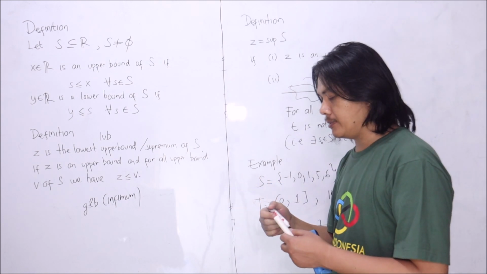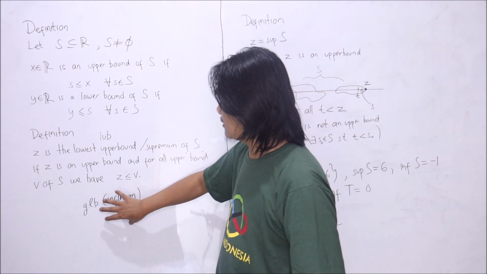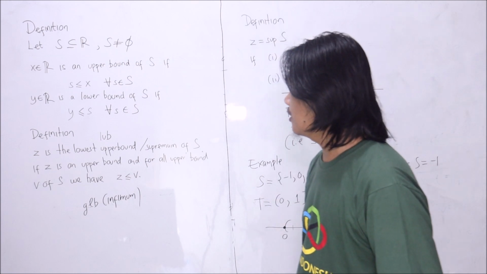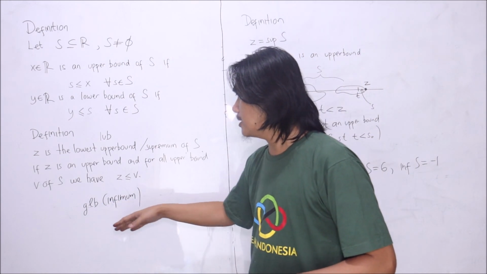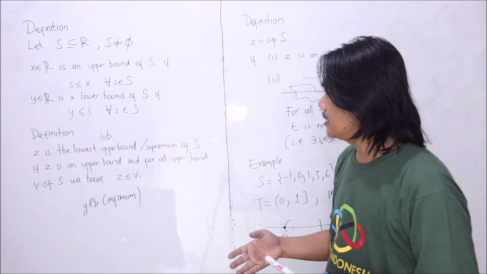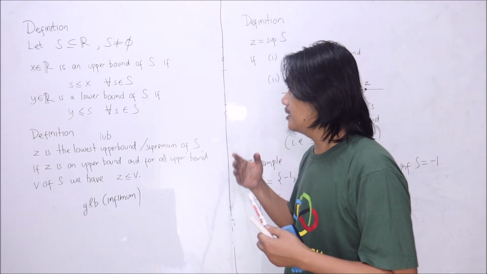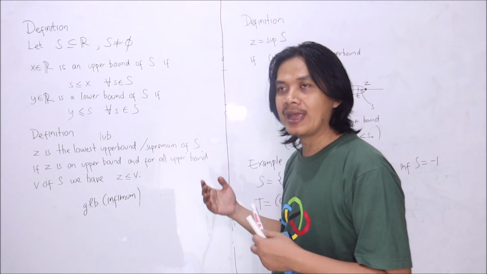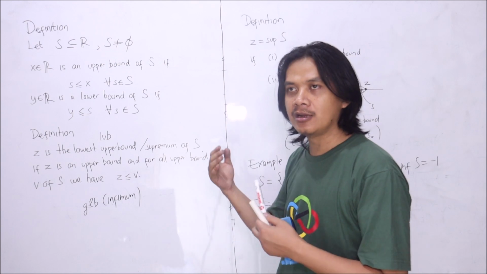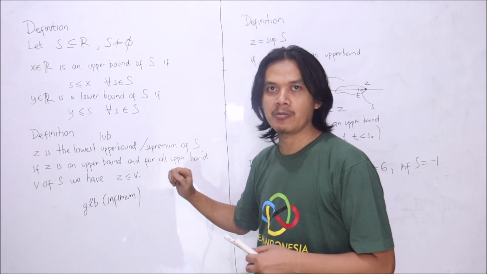So let me recap. Remember that is the definition of the supremum, and the infimum is the greatest lower bound. Meaning, in order to be the greatest lower bound, first of all, the element needs to be a lower bound, and for any other lower bound, the other lower bound should be smaller than this infimum.